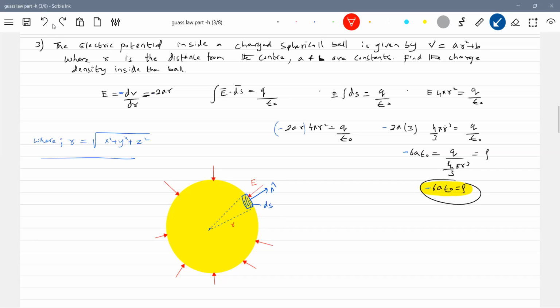So E will become variable, so I'll take it outside the integral of ds. So what do we get? Surface area of a sphere, 4 pi r square, equals q, that one.